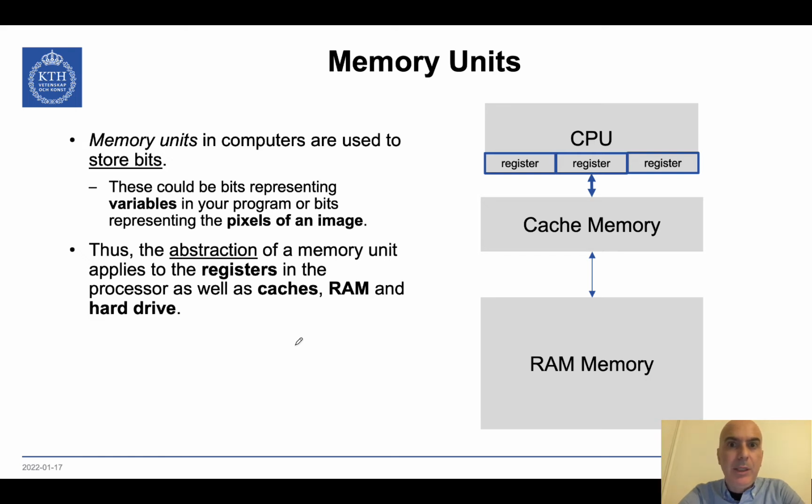So bits can be our arrays, for instance, storing information about the pixels. Memories, in computer science, are an abstraction, and the abstraction of memory applies to different kinds of memory technologies and memory units, from the registers on the top of the processor, to the caches, still in the processor world, to the main memory, the RAM, and also storage technologies like hard drives and SSDs.